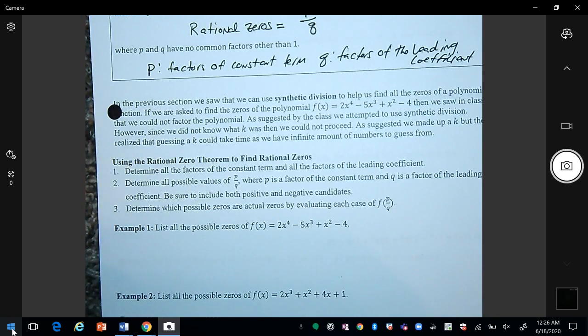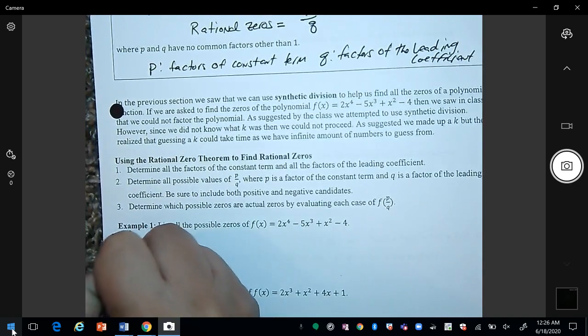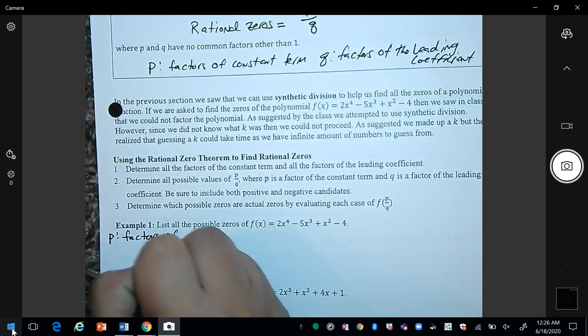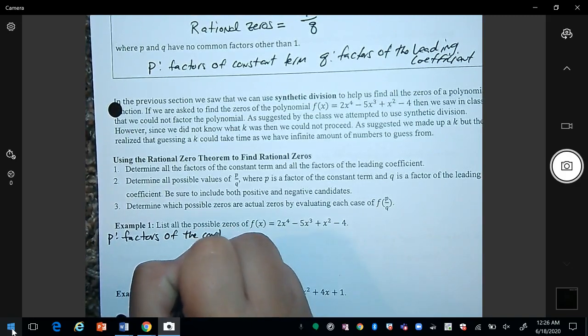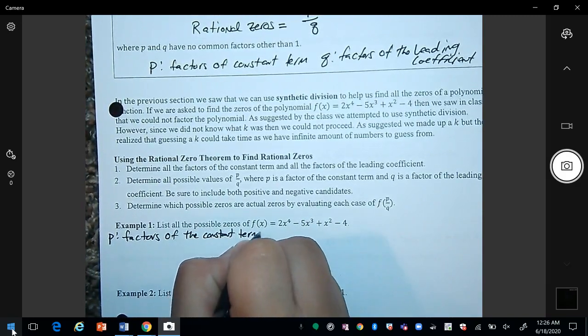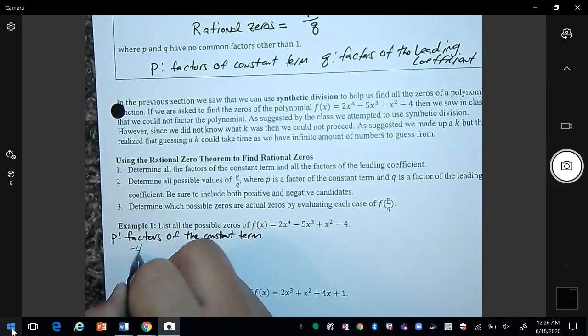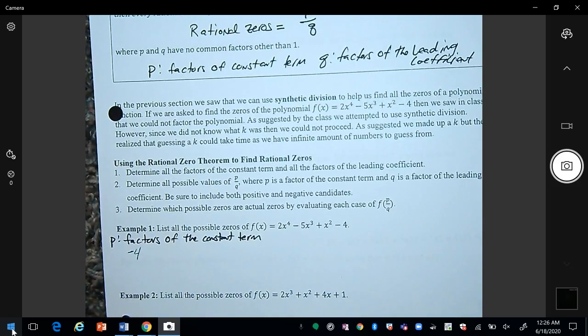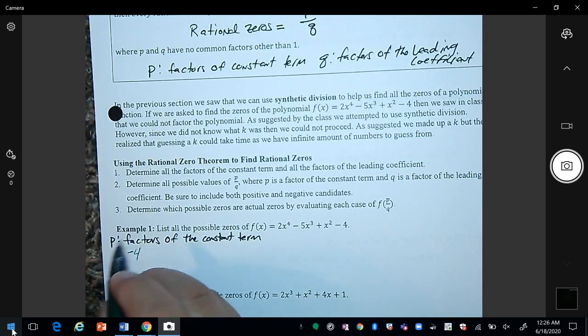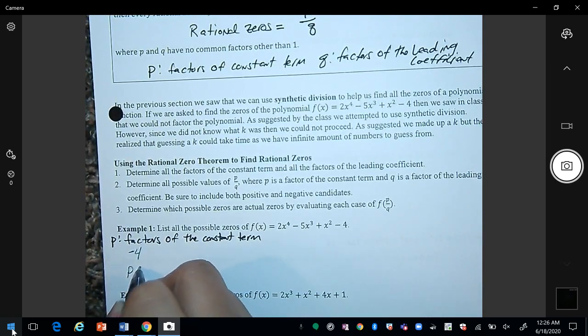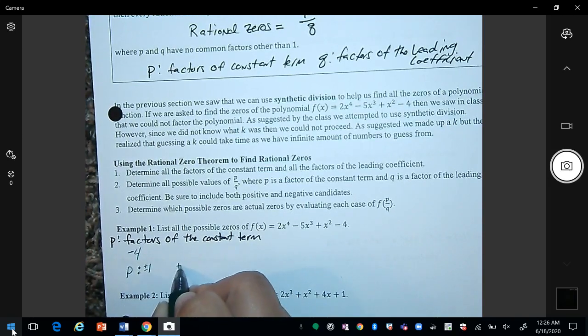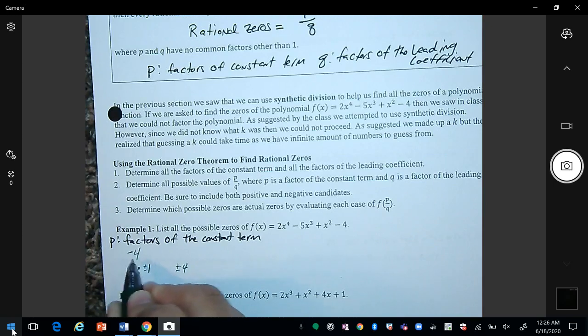So let's look at example 1. The first step is to identify the factors of the constant term. My constant term here is actually -4. The factors for -4, we're going to write them as p. The factors are plus or minus 1 and plus or minus 4, because 1 times 4 is 4.